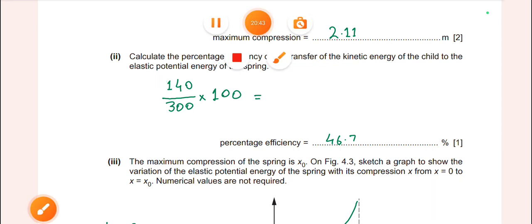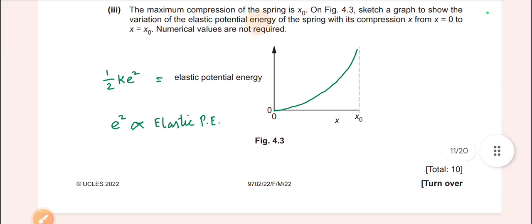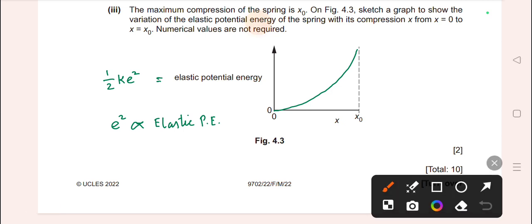The next part says the maximum compression of the spring is this. Sketch a graph to show the variation of the elastic potential energy. Now, the elastic potential energy has two formulas, half Fe and half ke squared, where e is extension. As we know, the elastic potential energy is half ke squared, which means the elastic potential energy is directly proportional to e squared.